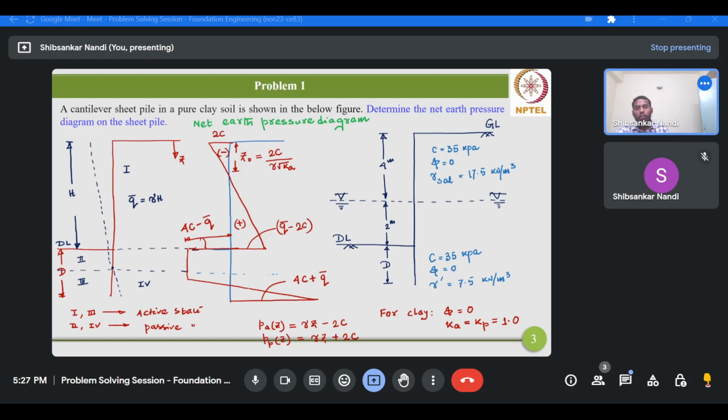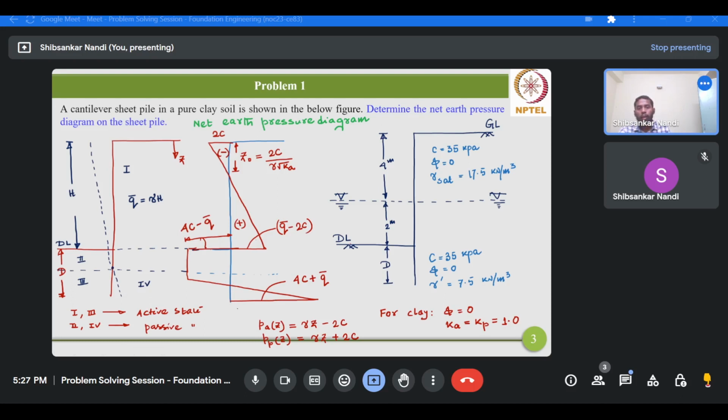Then it will again switch from the left hand side to the right hand side with a magnitude of 4c plus q bar at the base of the wall, as the net earth pressure on the cantilever sheet pile. Okay, so this is the qualitative distribution of net earth pressure on the wall.